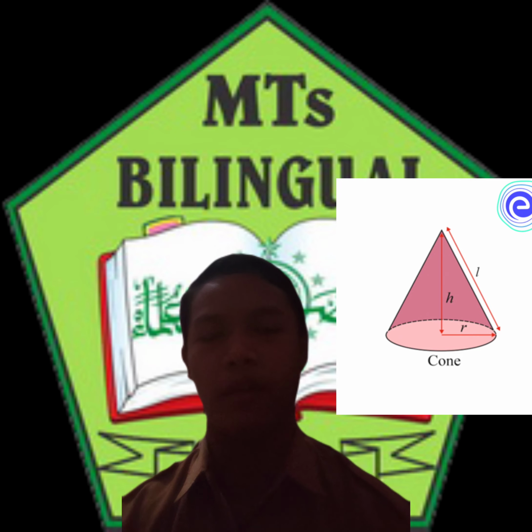It is a cone, and it can be counted with the formula of cone volume. And the surface area of the cone is pi times r times s added by pi times r squared.